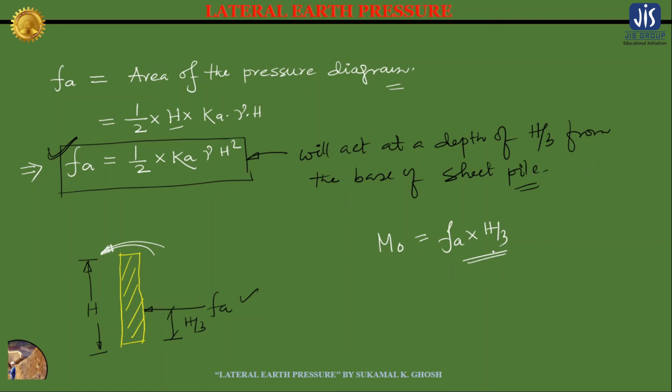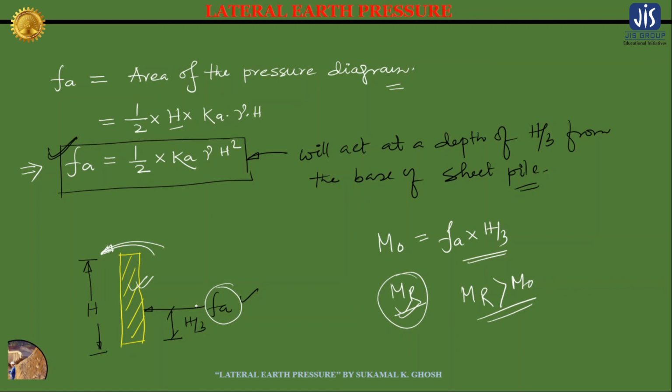Okay, so to make this sheet pile stable, we need to apply a resisting moment. Okay, and this resisting moment has to be greater than the overturning moment, then only we can say this sheet pile will be stable, otherwise it will be overturned by this force Fa.